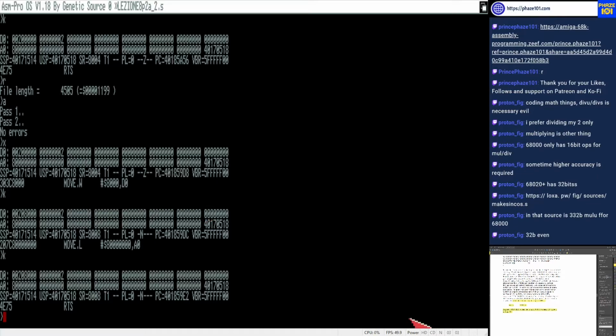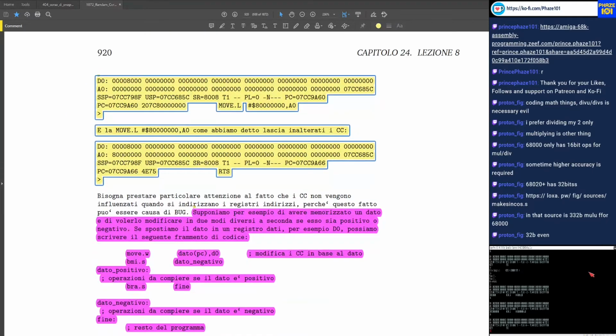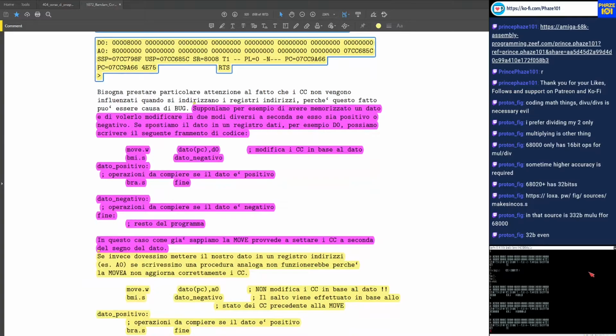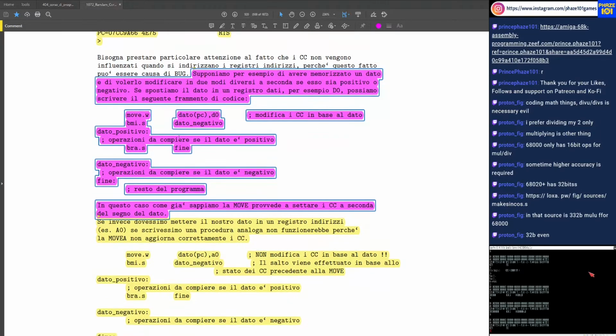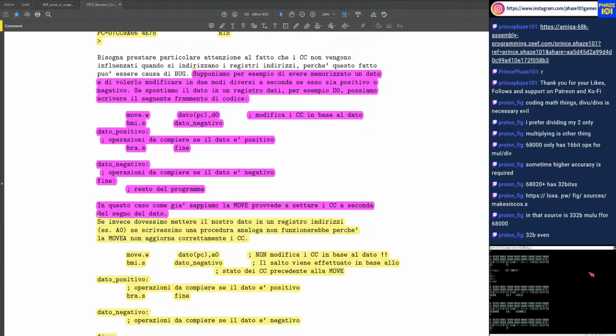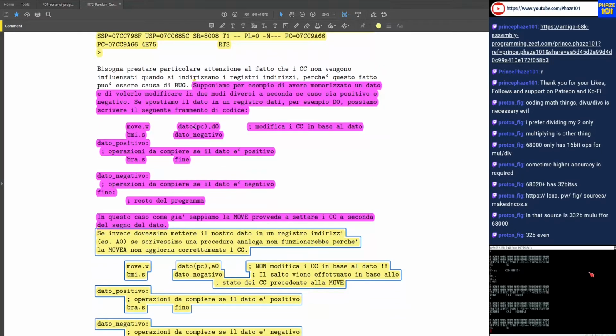I'm going to switch to the book now, and I'm going to explain this part. Notice the difference between the code here and here is that here we're moving data PC into 80, and here we're moving data PC into the 0.